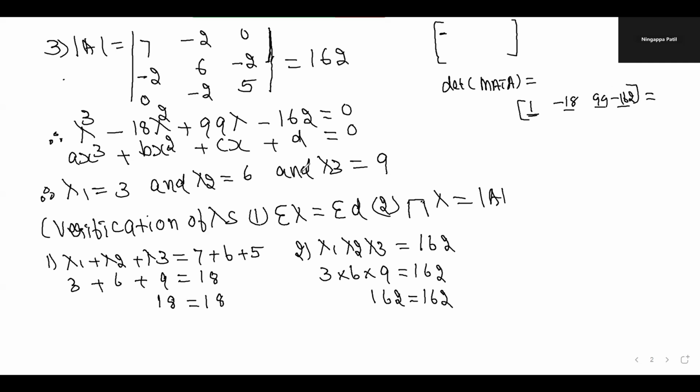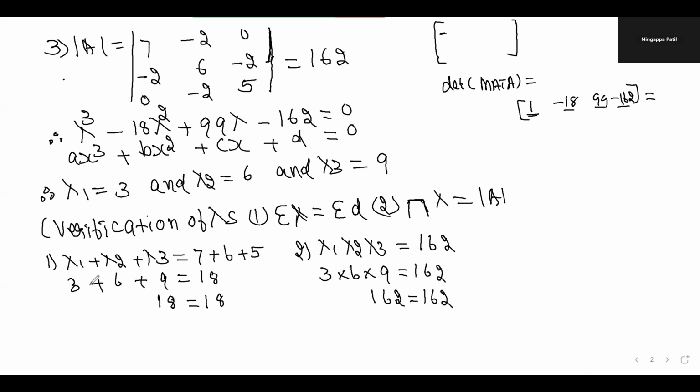Okay. Whether these Eigen values are correct or not, in exams it is not necessary to verify, but in class you can verify. Then verification of Eigen values. By the properties of Eigen values, you can verify. Summation of lambda equals summation of diagonal elements, and the product of Eigen values equals determinant of A. This is a property of Eigen values.